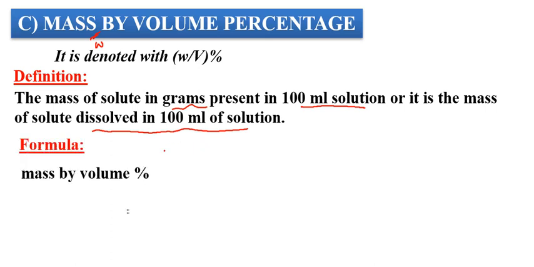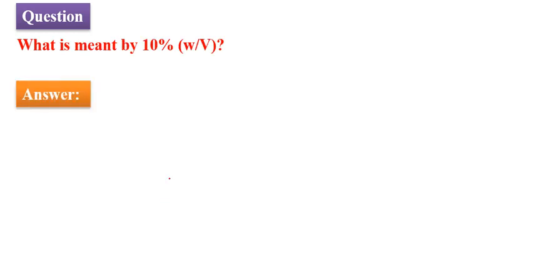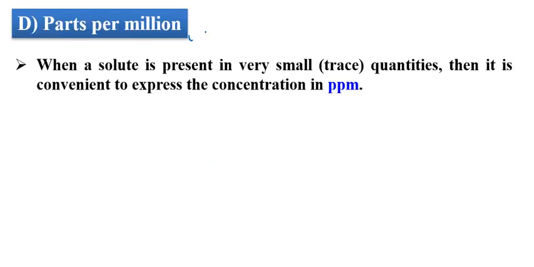The formula is similar. The upper one is solute, the lower one is solution, into 100. Okay, take one example. What is meant by 10% W by V? Of course, 10 gram of solute present in 100 ml of solution into 100, that is W by V percentage. Right? 10 gram of solute present in 100 ml.